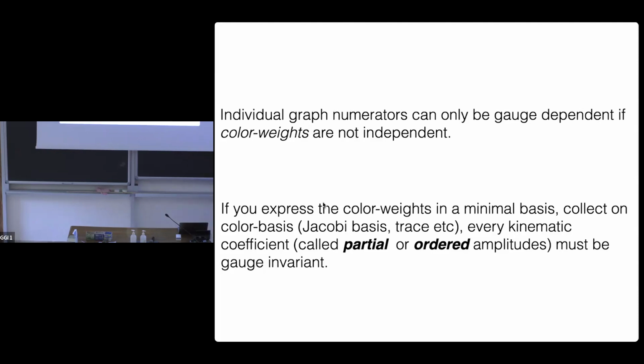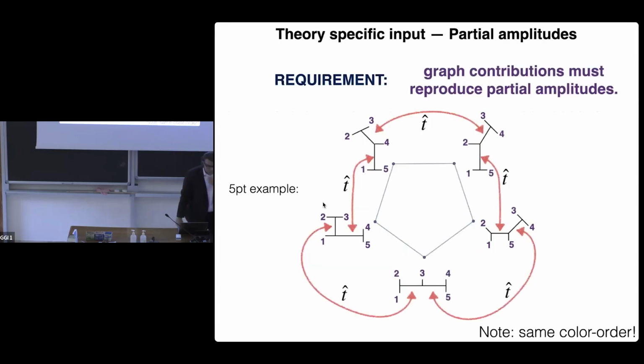A lot of people who do a lot of planar work just call them amplitudes, but I'm going to distinguish them. I'm going to call them color ordered amplitudes because you need many of them to talk about a particular full color dressed amplitude in a theory, an actual prediction in something like QCD. You'll need many of them. Okay, and so you can use this as data to fix your graph representation.